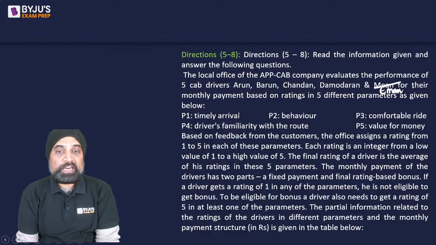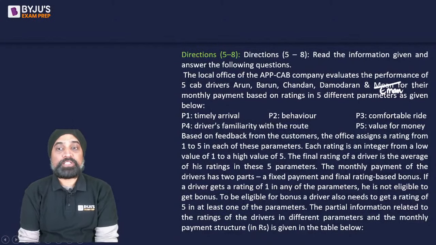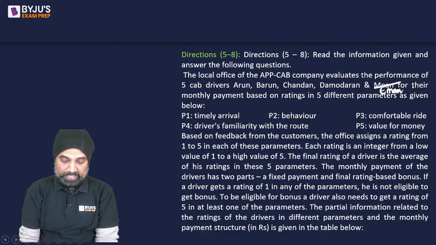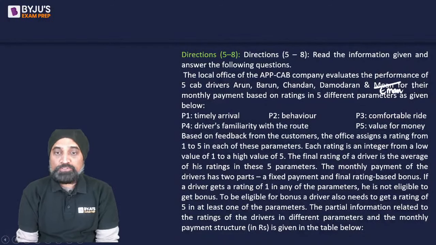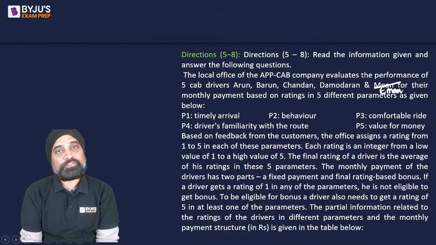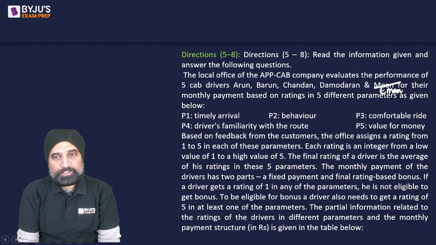The 5 different parameters are P1 is timely arrival, P2 is behavior, P3 is comfortable ride, P4 is driver's familiarity with the route, and P5 is value for money. Based on feedback from the customers, the office assigns a rating from 1 to 5 in each of these parameters. Each rating is an integer, so we can't take point values. From a low value 1 to a high value of 5. So 1 denotes lowest rating and 5 denotes highest rating, the usual convention.